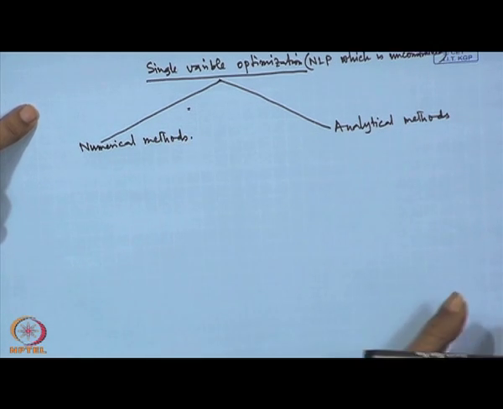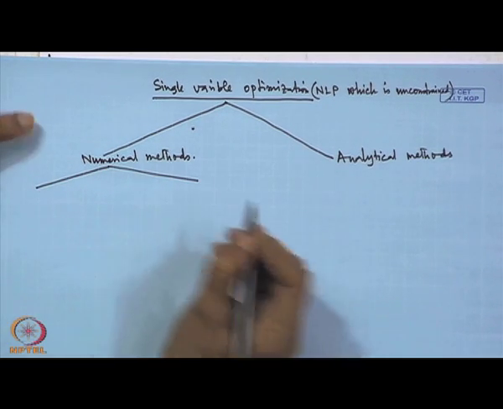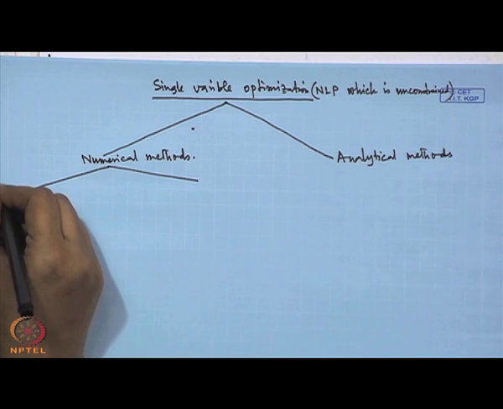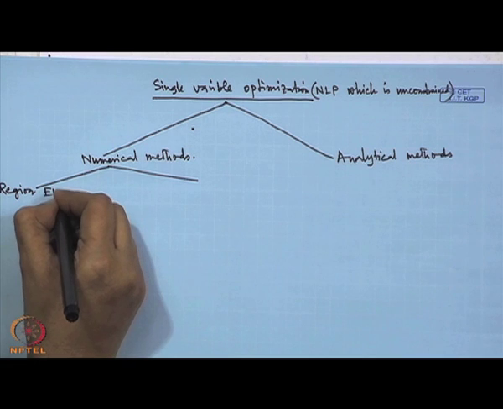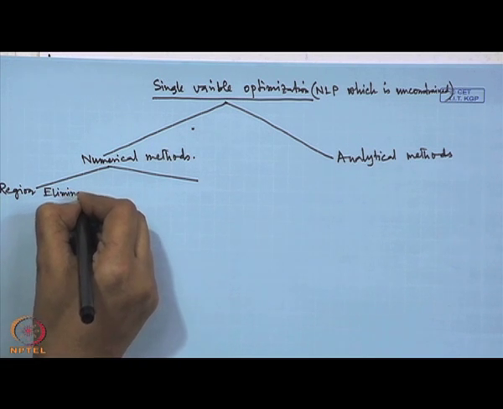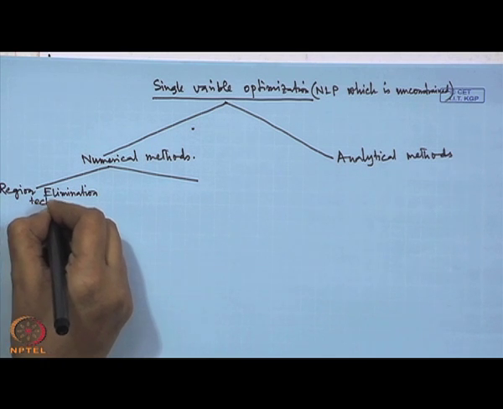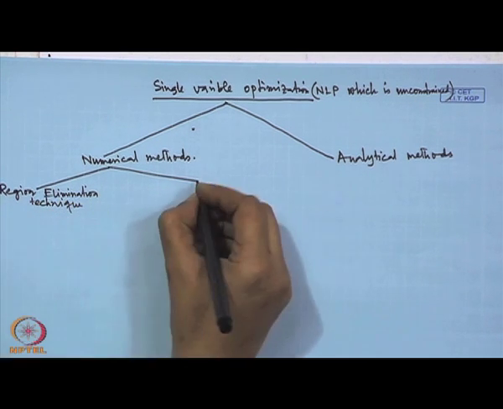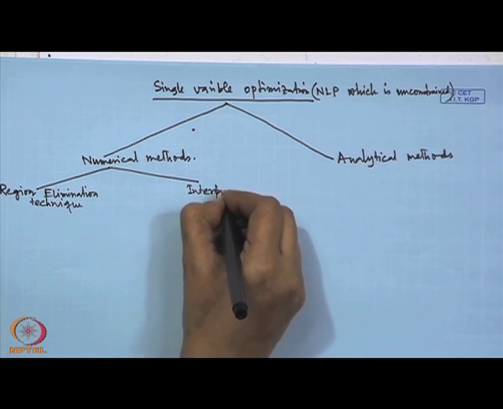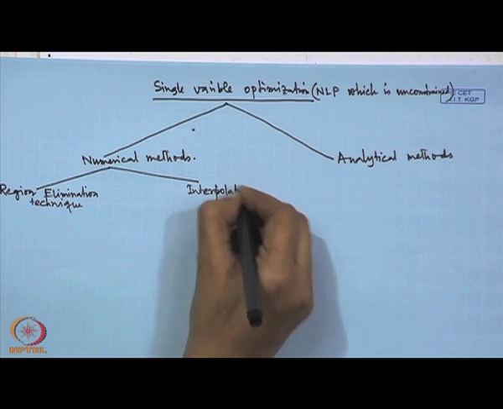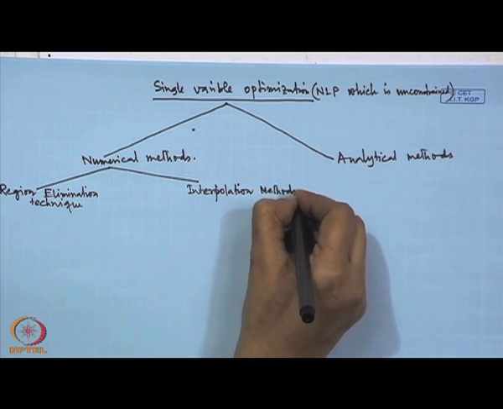Now, numerical methods can also be divided into two categories. One category is the region elimination technique, and another category is the interpolation method. I will discuss each and every method with specific examples and corresponding algorithms.